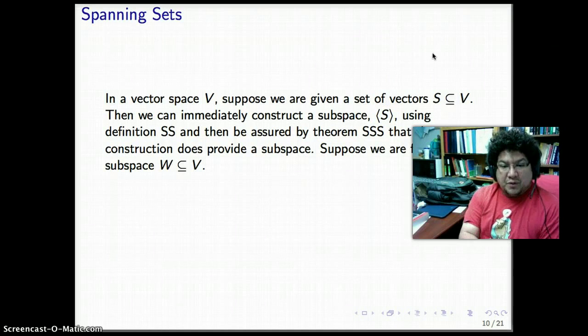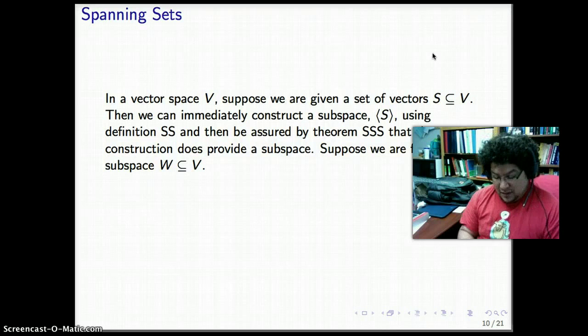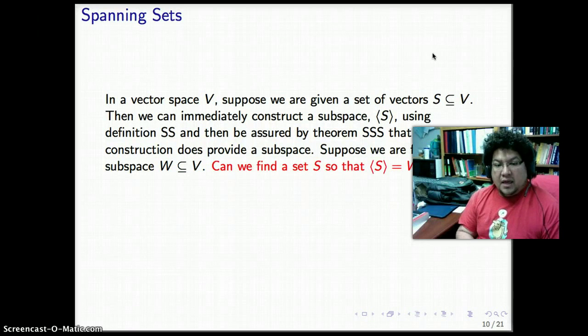So suppose now we're first given a subspace that is a subset of a vector space V, and can we find a set whose span is exactly equal to the given subspace?